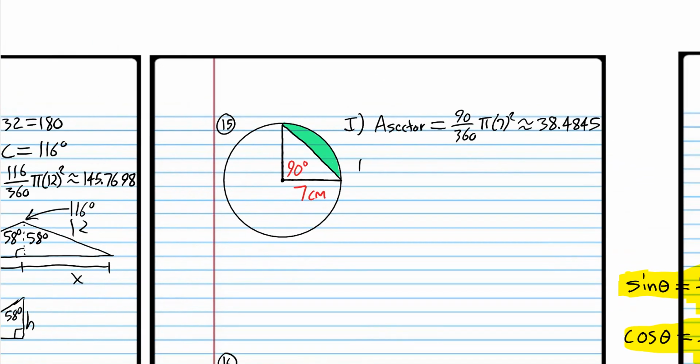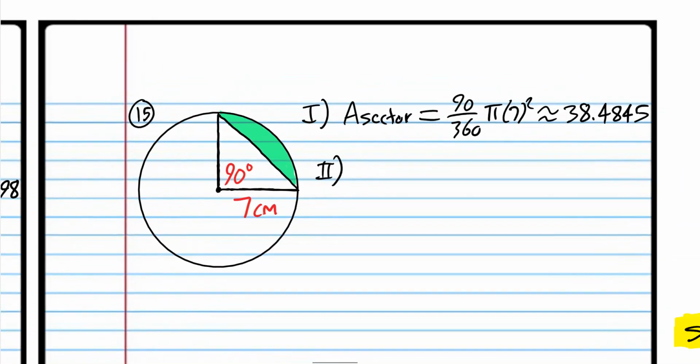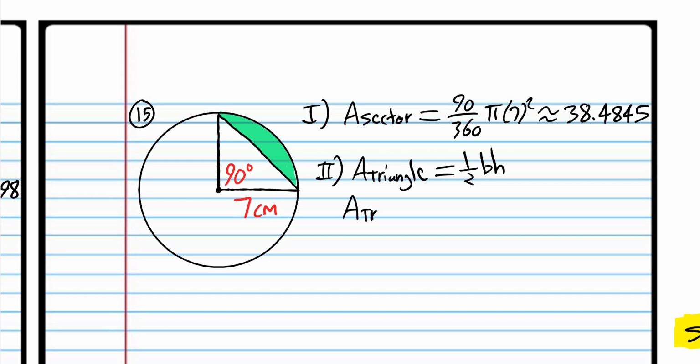All right, step 2. Now, this is going to be the easy part. Usually it's the hard part, but the area of the triangle is equal to 1/2 base times height. And now we don't really have to do much work because we know the base is this part here, which is 7, and the height is this part, the other radius, which is 7 also.